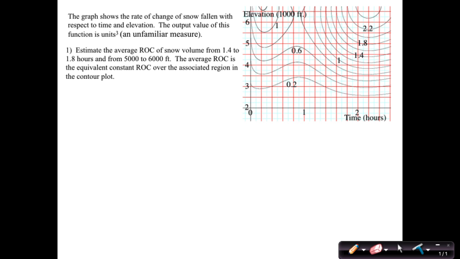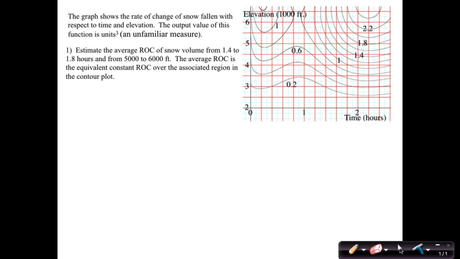So now we want to estimate the average rate of change of snow from 1.4 to 1.8 hours and from 5,000 to 6,000 feet. And so the average rate of change is like an equivalent constant rate of change over that associated region in the plot.